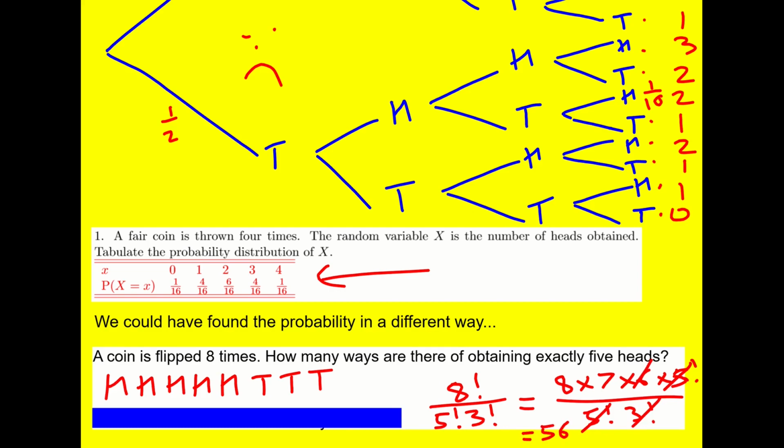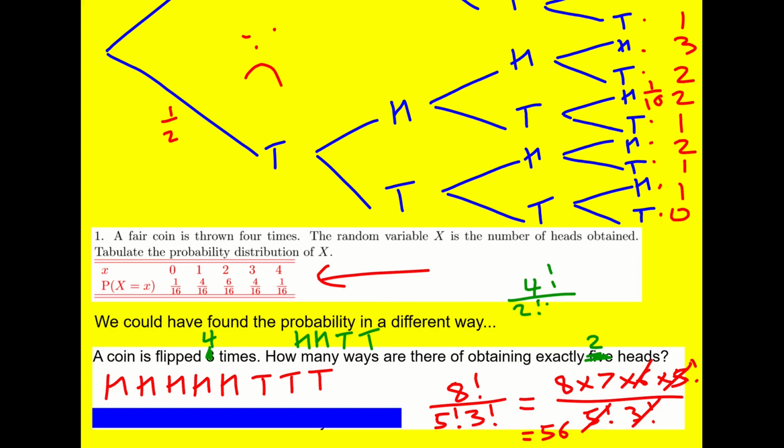Now what if I changed it and I did, I don't know, 4 flips and let's say 2 heads? Well, for this it would be 4 factorial because I've got heads, heads, tails, tails, or something like that, all the other combinations.